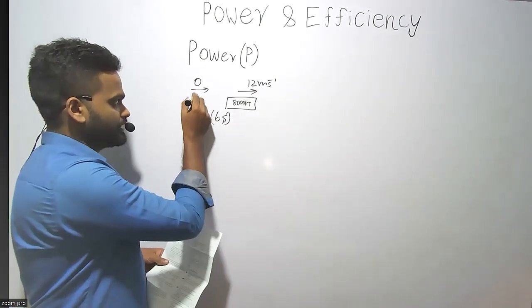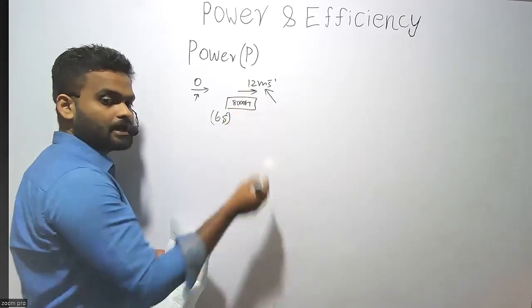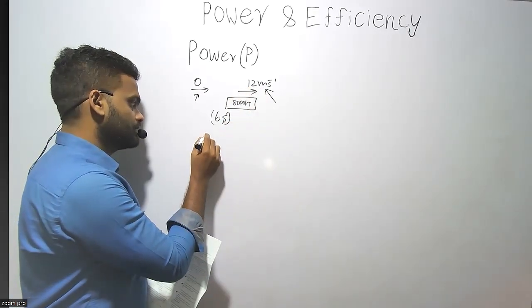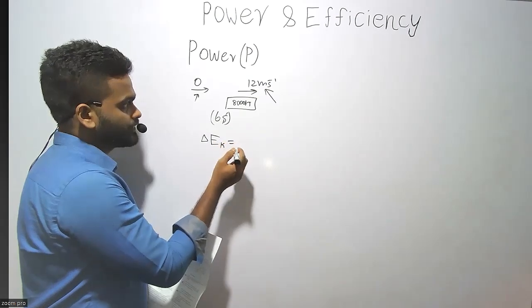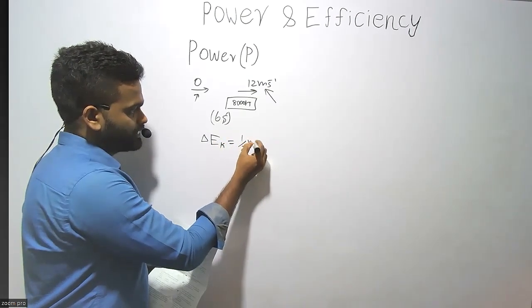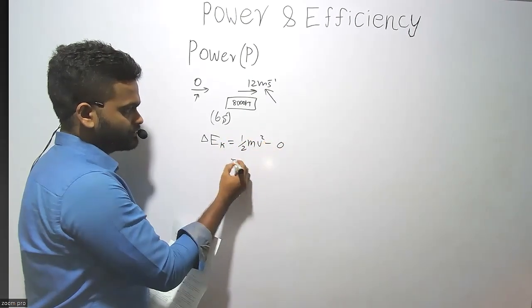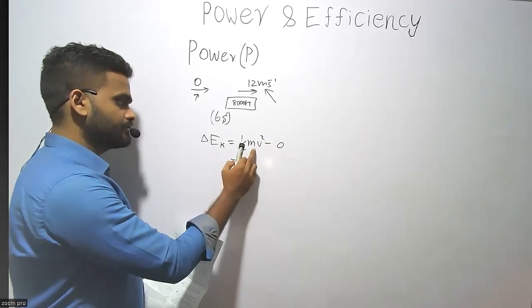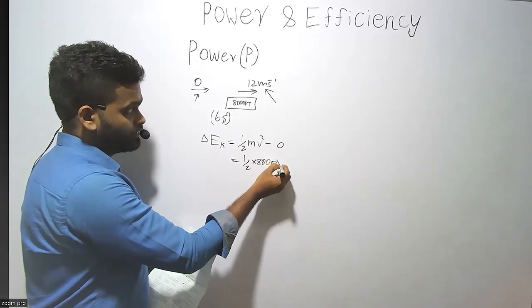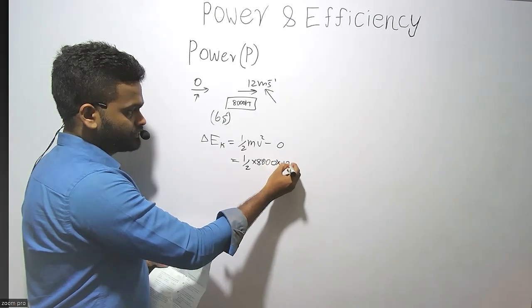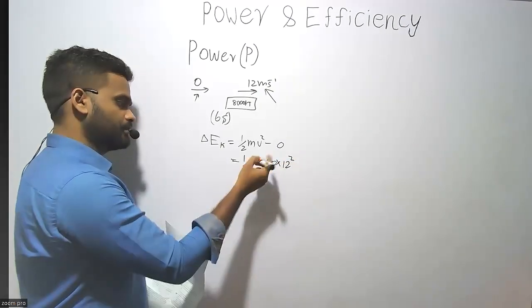So the initial kinetic energy is 0, then he gains a kinetic energy. So kinetic energy gained should be half mv squared minus 0. Initial kinetic energy is 0. This is final kinetic energy. Half mass is 8,000. V is 12 squared.